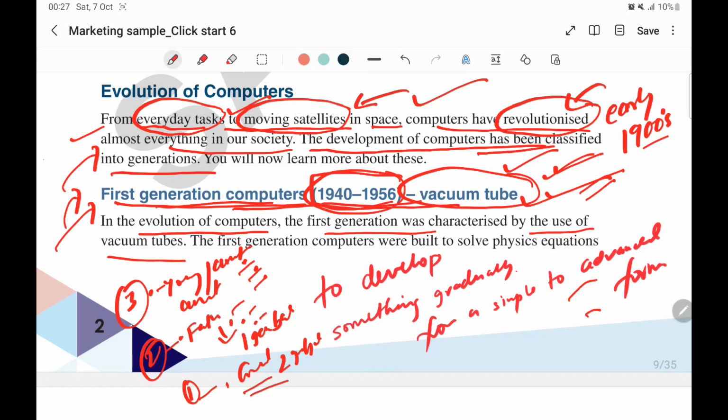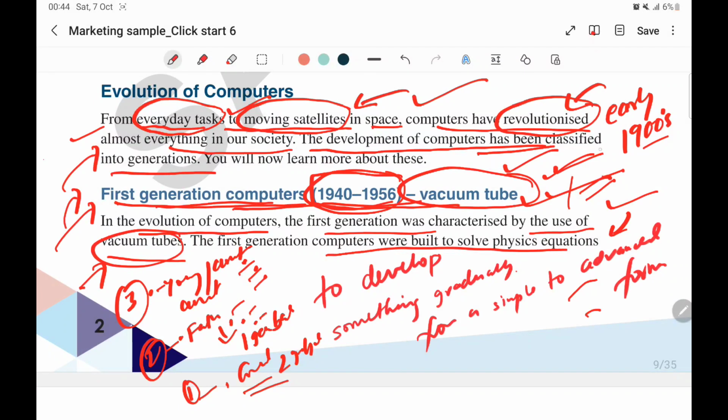So many things were made, but the vacuum tubes were what revolutionized and made the first generation computers very specific, very important, very crucial. Why? Because the first generation computers were built to solve physics equations. That was the main responsibility at that time.